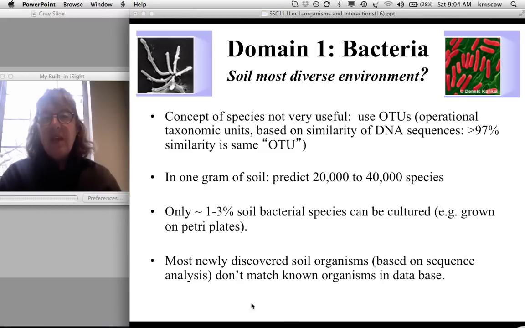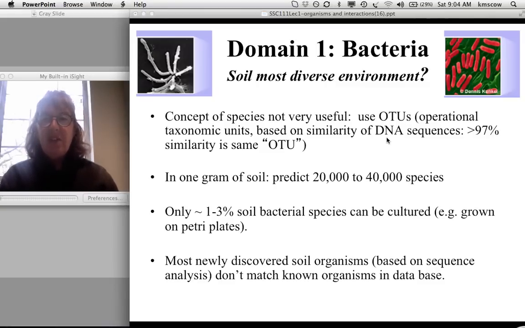So in a gram of soil, we estimate, based on sequencing that's been done and extrapolations made from that sequencing, we have 20 to 40,000 so-called species in a gram of soil. Of course, it'll vary by soil, but tremendous diversity. Now, there's a problem with this word species, because the concept of species is not very useful for microorganisms.